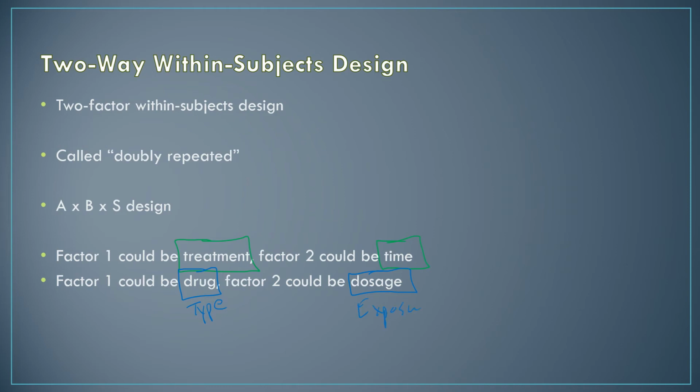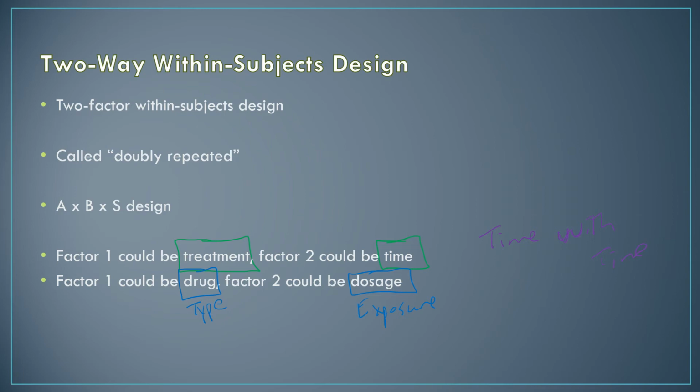So you can combine those two and be able to look at a two-way within subjects design that way. The only one that you don't see because it gets too complex is time with another time variable. So both factors being time, you usually will not see.